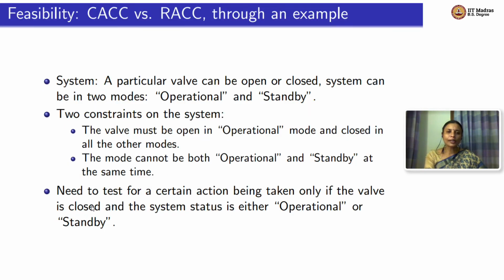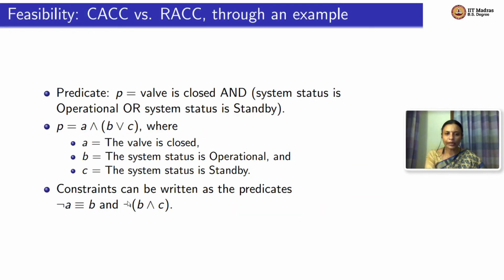The second condition says mode cannot be operational and standby at the same time. So how do you read the second predicate? It's not the case, where the symbol is for negation, that B and C hold together. B represents the system being operational, C represents the system being standby.